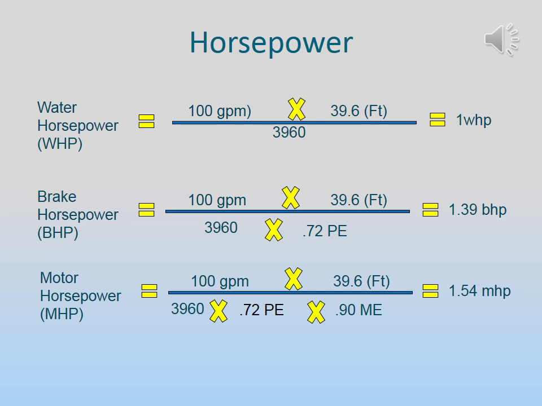The reality is because of the inefficiency of the pump, we are actually going to use 1.39 brake horsepower because the pump efficiency is 72%. As we know, we have a motor to drive the pump, and we said the motor was 90% efficient. In this case, we filled in all the blanks and we come up with 1.54 motor horsepower.